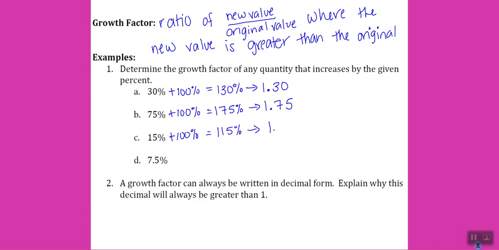Convert it to a decimal, and we get 1.15 as our growth factor. Finally, if we have 7.5%, add our 100% that we're starting with, we get 107.5%. When we convert that to a decimal, it comes to 1.075.